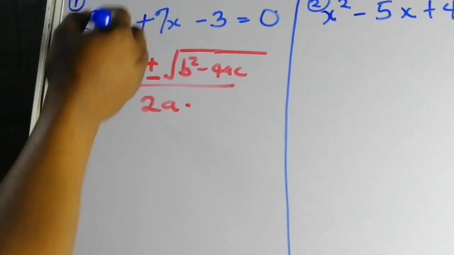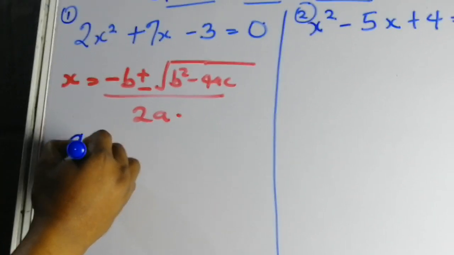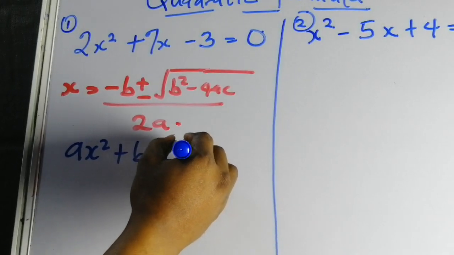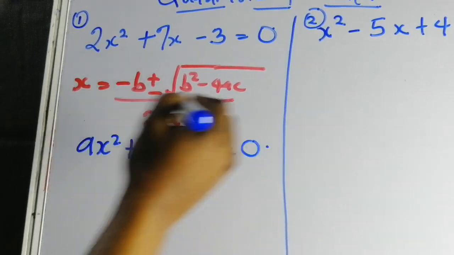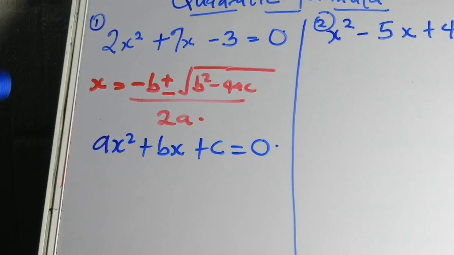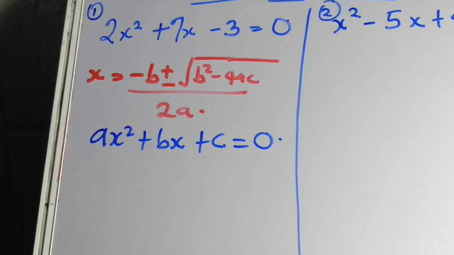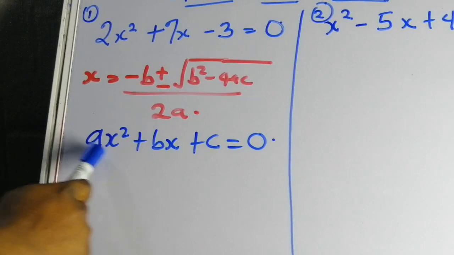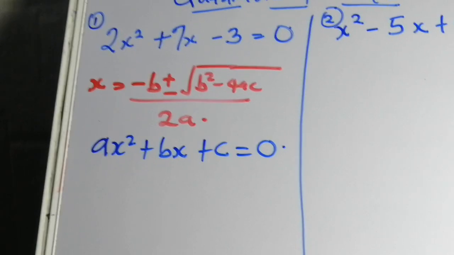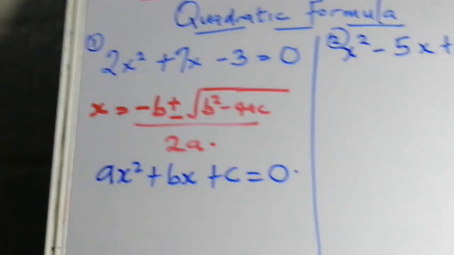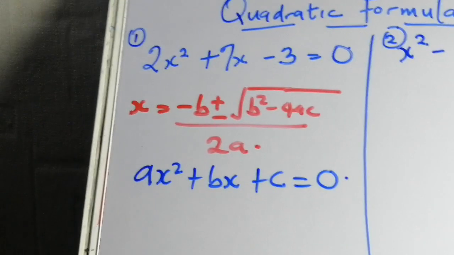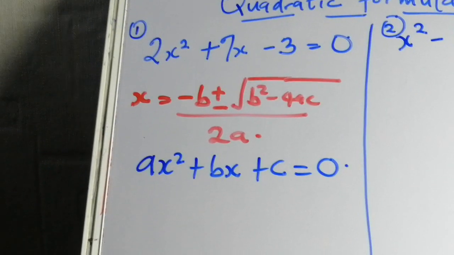And don't forget, from the general quadratic equation, ax square plus bx plus c equals 0. Here you should note that in part 9 we derived the quadratic formula using this general quadratic equation. If you've not gone through all those quadratic parts, please go through all of them so that you can understand better what we're trying to say.